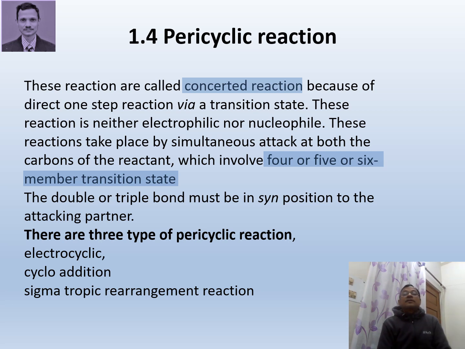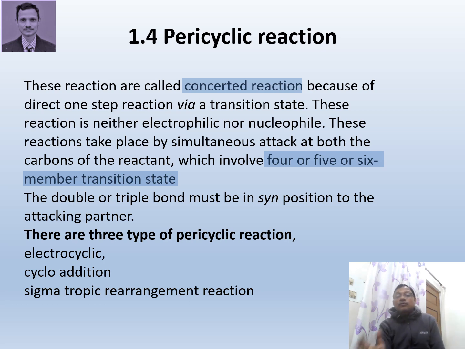The last type of reaction is the pericyclic reaction. These reactions are also called concerted reactions because of a one-step reaction via a 4 or 5 or 6 member transition state.